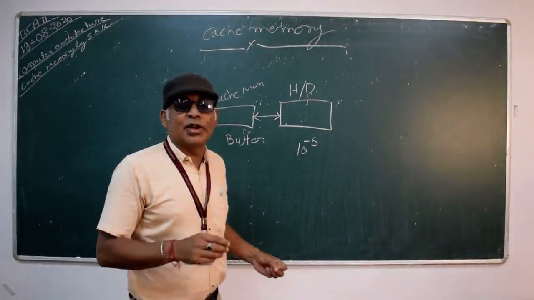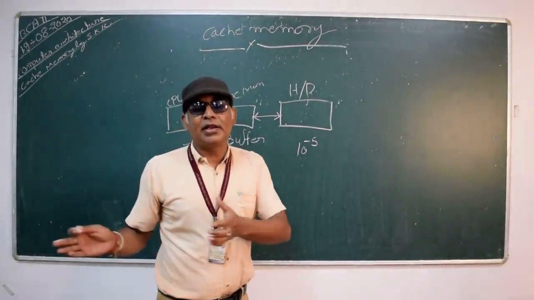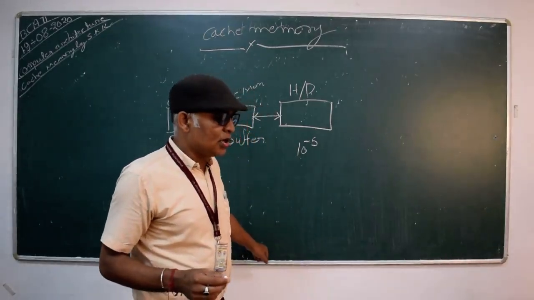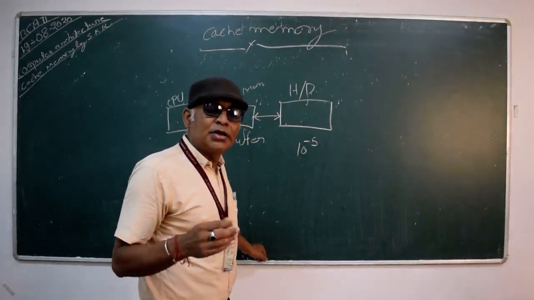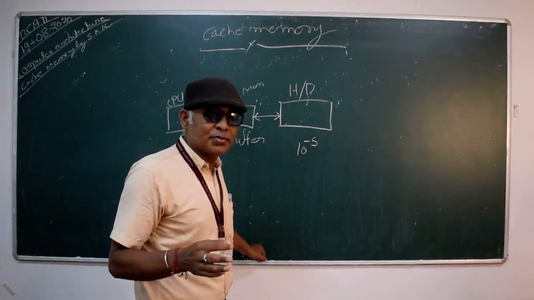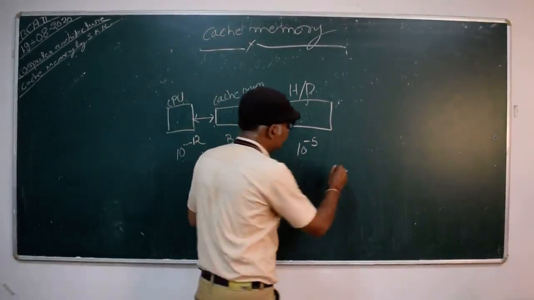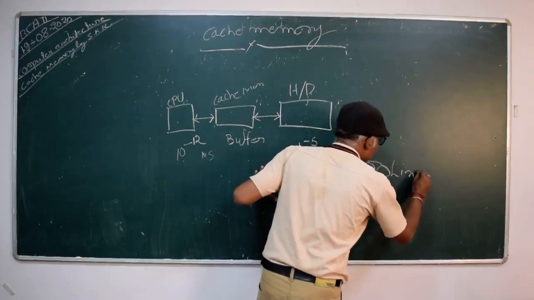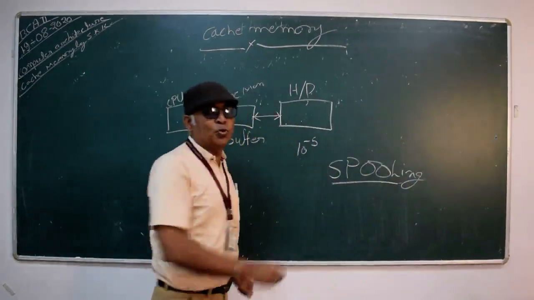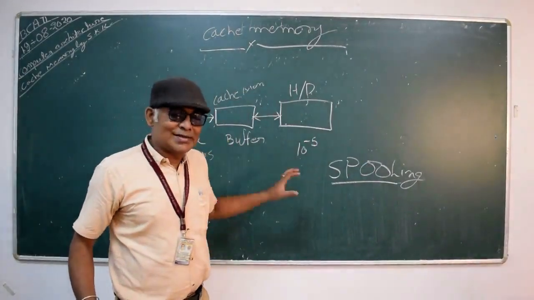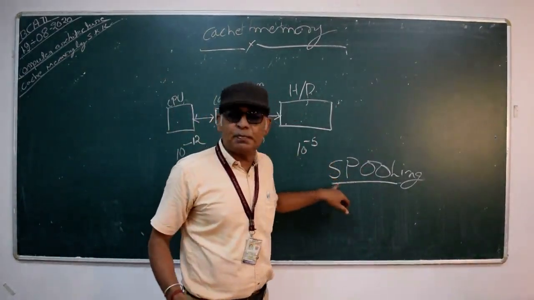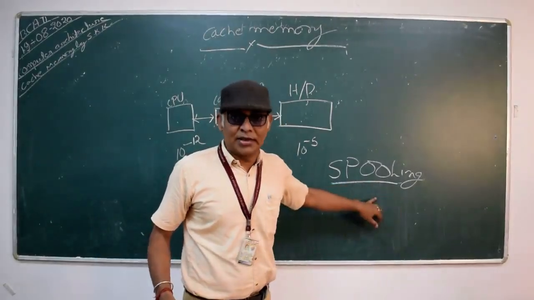But that also created a kind of complexity in the designing and architecture of the system. So we have introduced a new kind of system that is called spooling. This is spooling. The word is spool. It is an abbreviation, and it stands for simultaneous peripheral operations online.